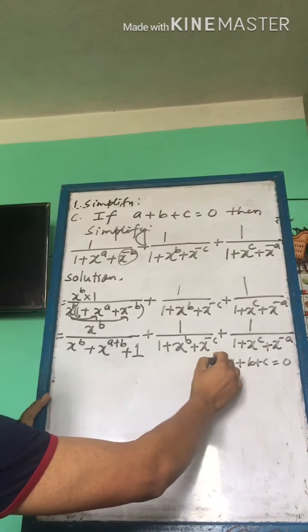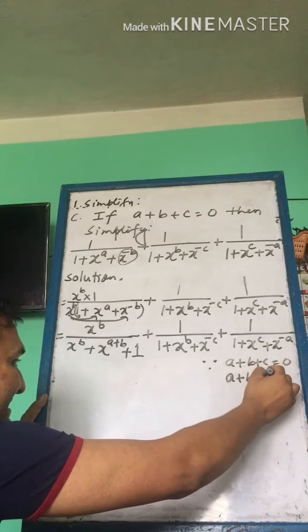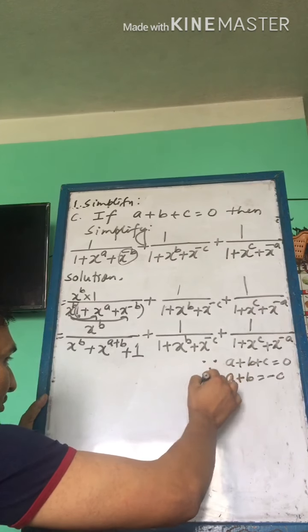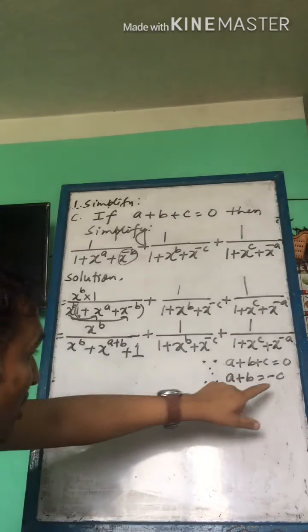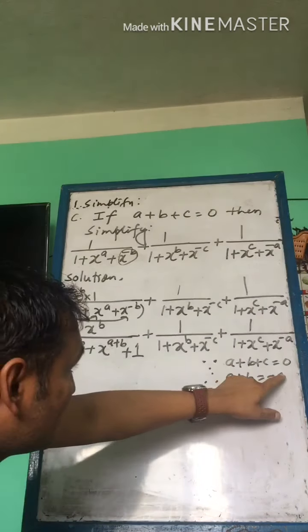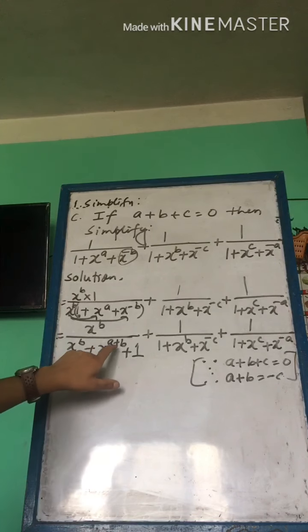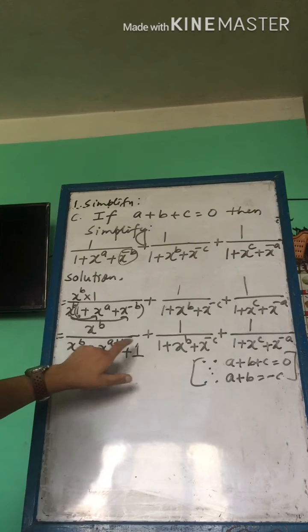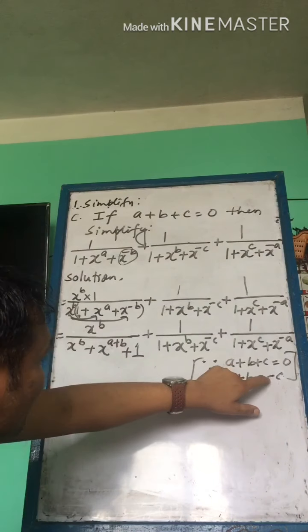Take c to that side: 0 minus c will be minus c only. Therefore, a plus b equals minus c. So now let us replace this a plus b by minus c. Can you replace it?